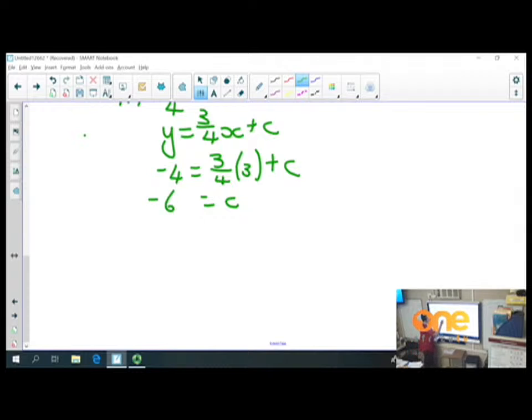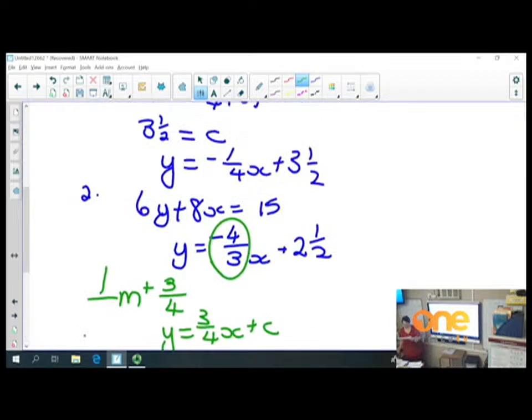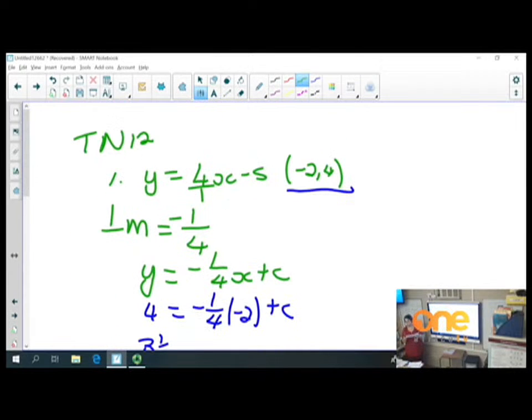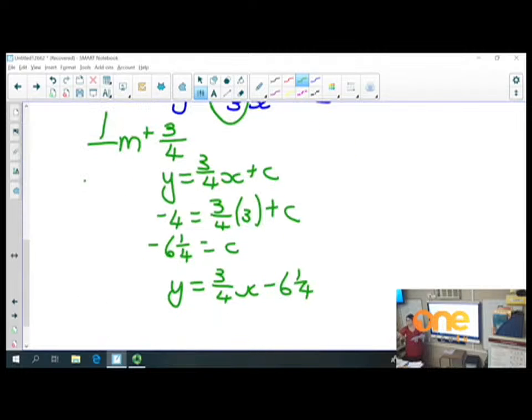Negative 6.25, so I would say 25 over 4. So y is equal to 3 over 4 x minus 6.25. Right, very important things that we are doing now. Okay. So now I want us to try now 13.